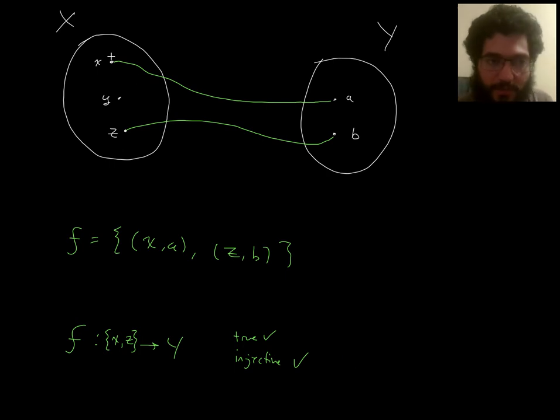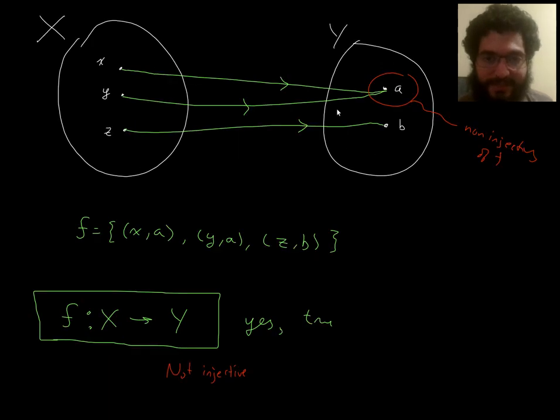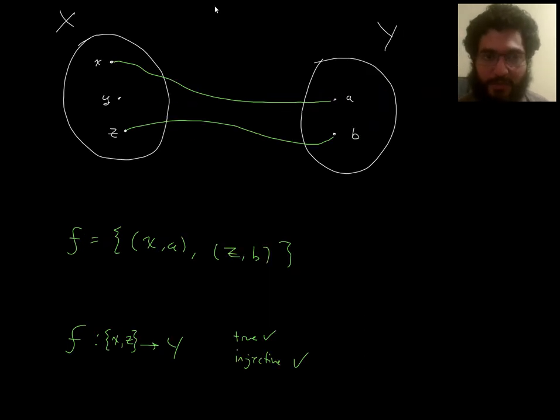So to be a function means every input has an output associated with it, a clear decision about what the output should be for any given input, but also no collisions. So that's injectivity. So here we have collisions. This is not injective. X and Y, yeah, they have a clear output, A, but there's a collision. They have the same output.